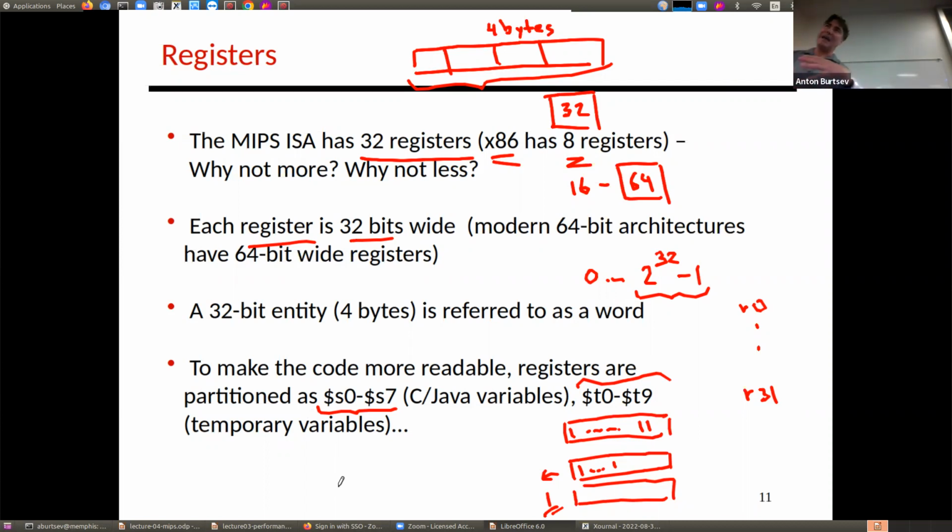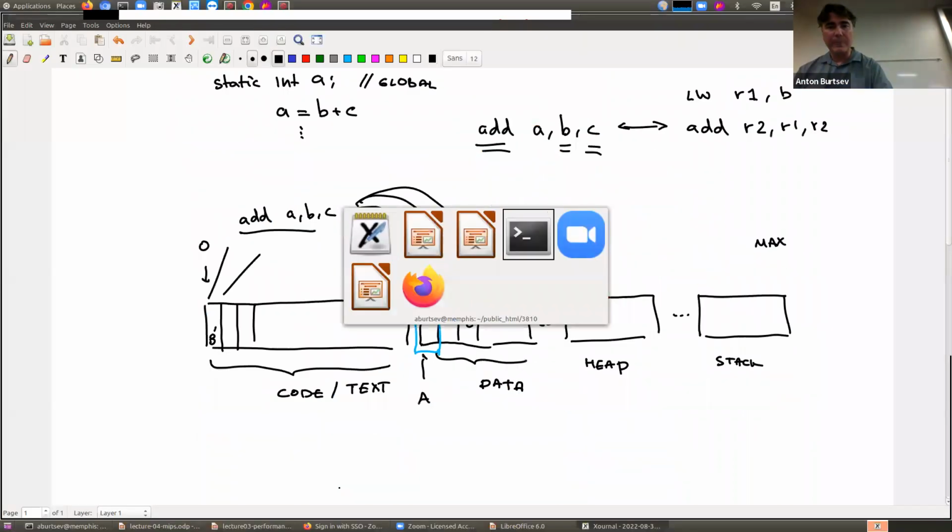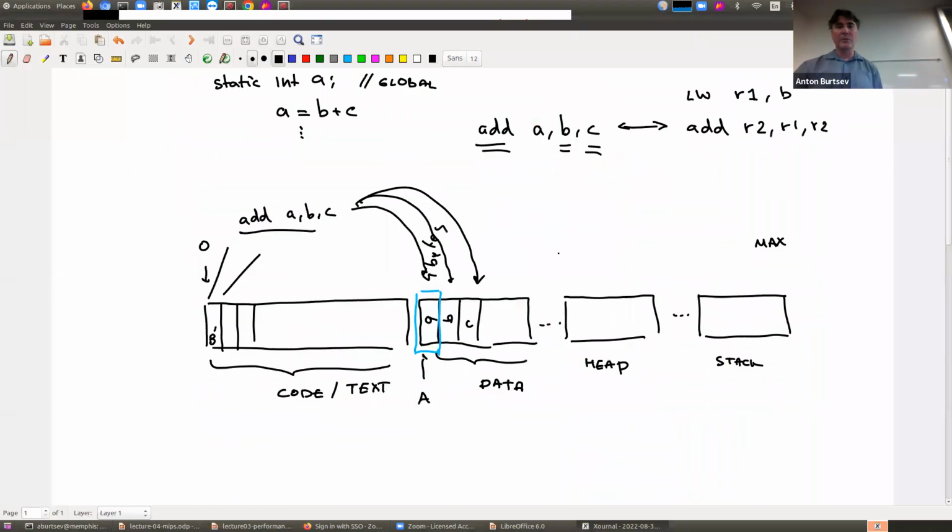So typically, idiomatic assembly code would load something from memory from an address. Let me go back to this picture just for a second. So when you, for example, load B in memory, instead of R1, you would put something like $S0, right? That's your idiomatic style.